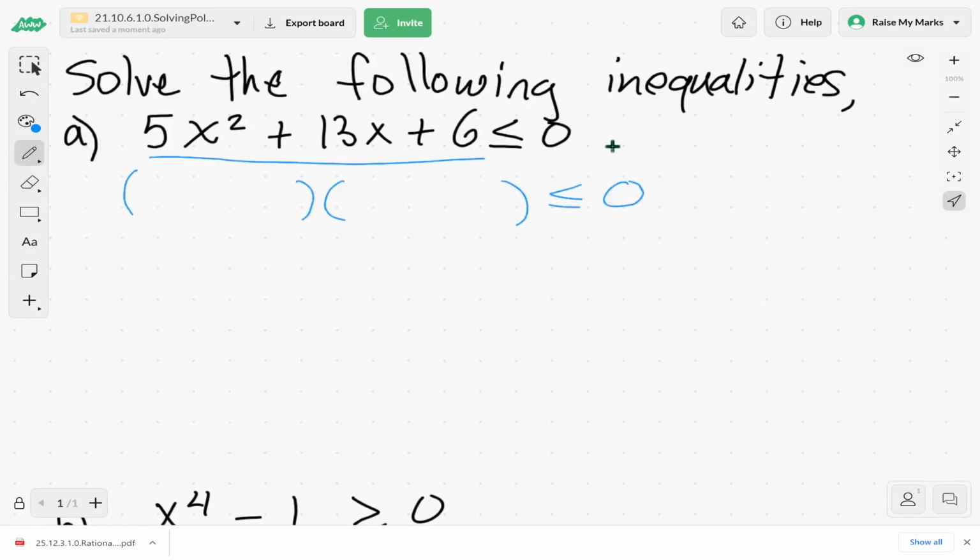We're going to continue maintaining the less than or equal to 0 throughout. Okay, so we know we need x's in the first component. What are the factors of 6? Let's go with 3 and 2, see if that helps. Factors of 5 are just 1 and 5. So now we need to put the 5 in the appropriate place.